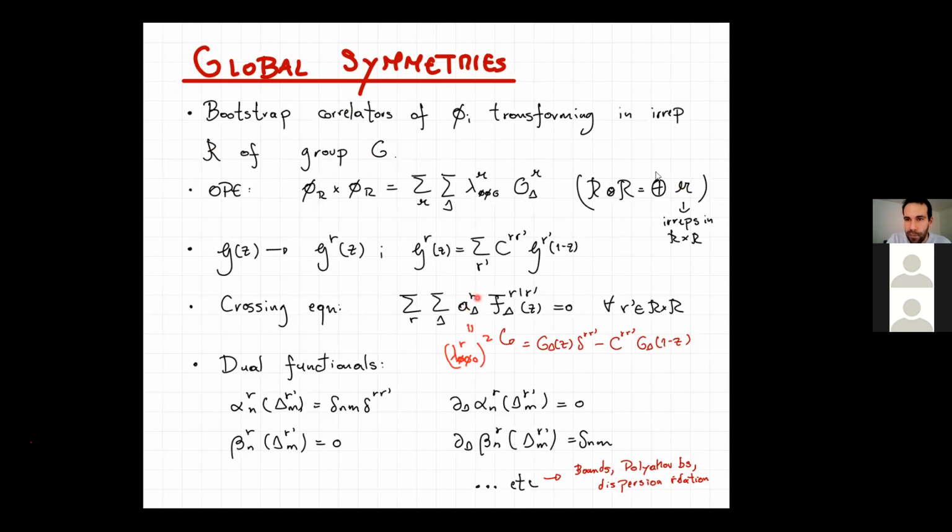So okay. If the reps appear with unit multiplicity, then there's only one way to contract them when you have 4 operators. You do the OPE once, you do the OPE twice, and then you need to contract these guys, and so these guys will appear squared. If the representations appeared with non-unit multiplicity, then there would be several ways of contracting them together, and then this would not be a square.